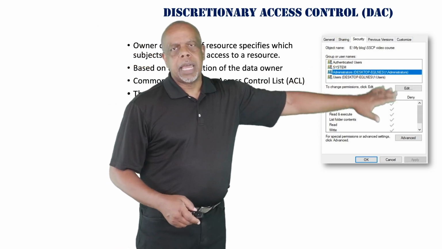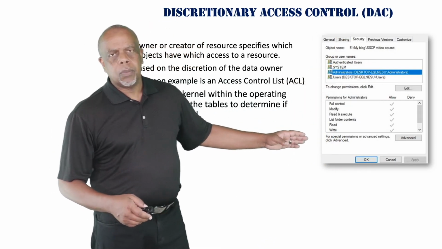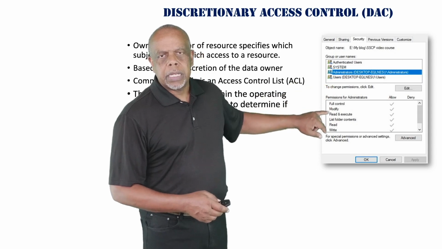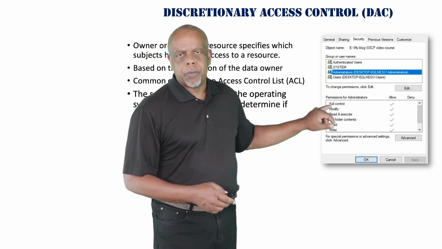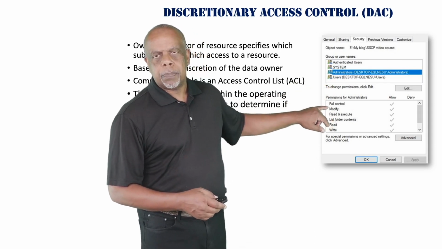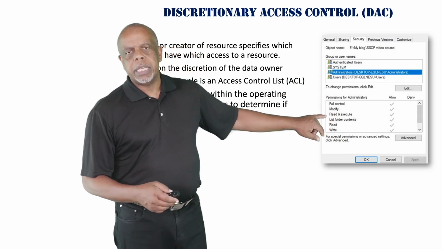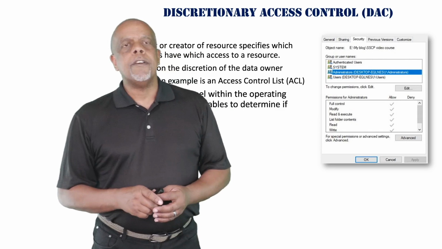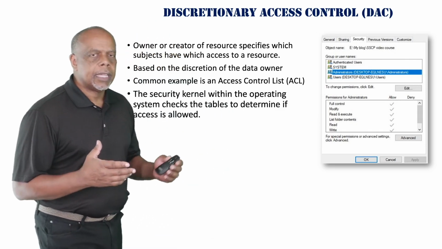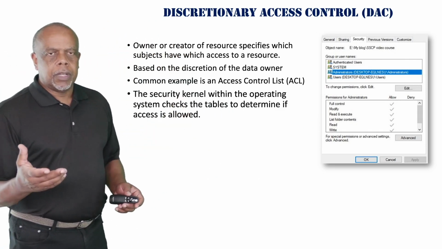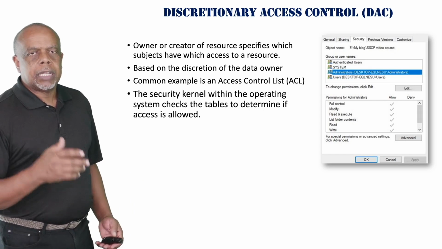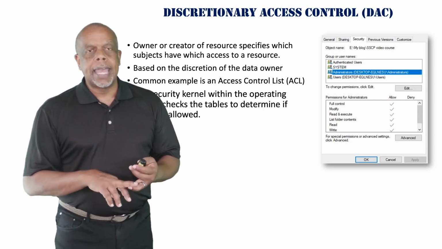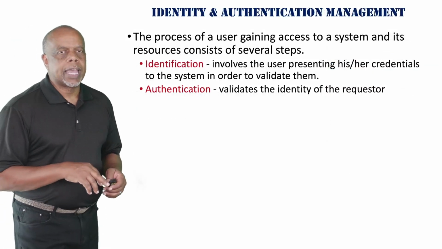This is a snapshot out of a Windows system that shows that, okay, we got a document that was created. Now the information owner can provide the permissions. They can give people full control. You can be able to read it, write it, do certain things to it, but it's up to the information owner who can provide that level of access. It is at their discretion. Discretionary access control. So like I said, we got mandatory access control, role-based access control, and discretionary access control.